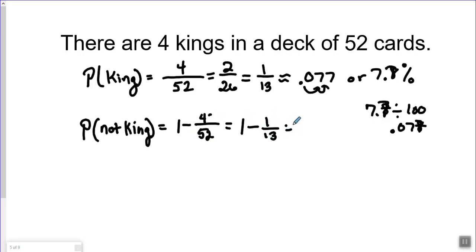And 1 minus 1/13 is 12 out of 13. Okay, and if you don't see that, then you could basically just take 1 and subtract 0.077, and that could give you the answer. Okay, 1 minus 0.077, or 1 minus 1/13, is 0.923.